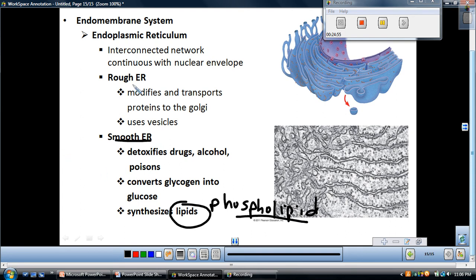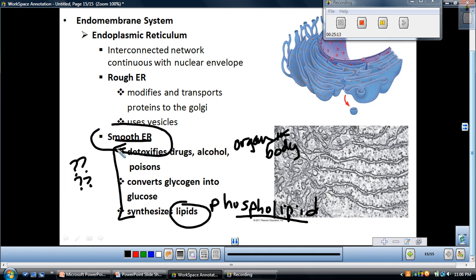And the last thing I wanted to mention, and you're going to try to answer this for me: if you looked at these functions and tried to name an organ in the body that would have a high concentration of smooth ER, could you think of one? This is an application type question. Based on these functions, what part of the body do you think would have a high concentration of smooth ER?